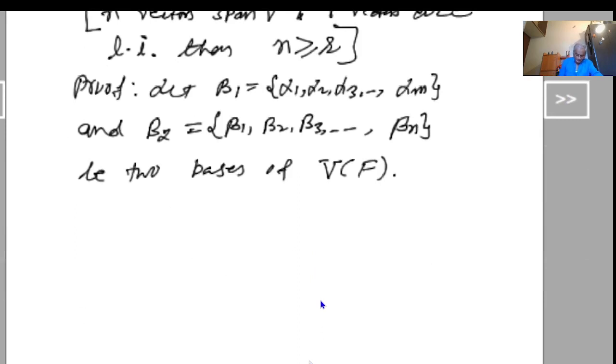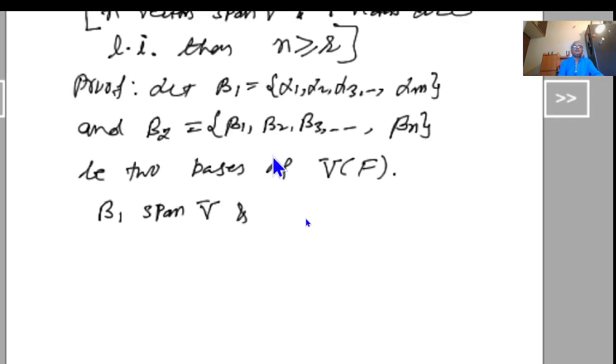Now B1 is a basis, therefore B1 spans V, and B2 is also a basis. So B1 spans V, and B1 is linearly independent.